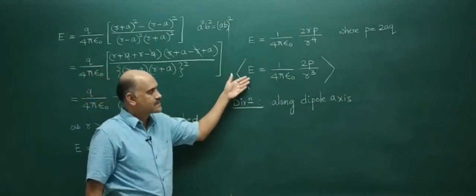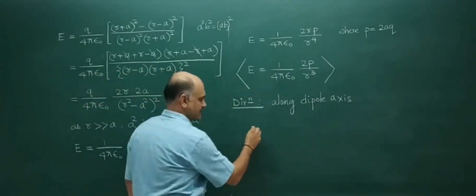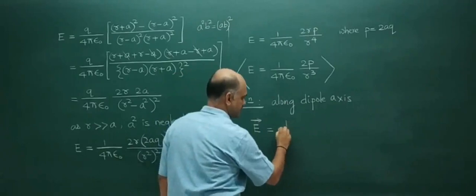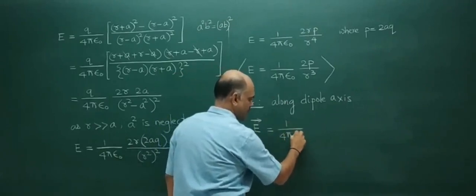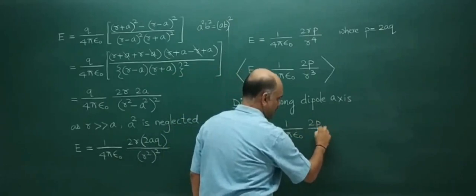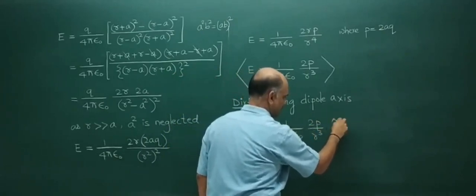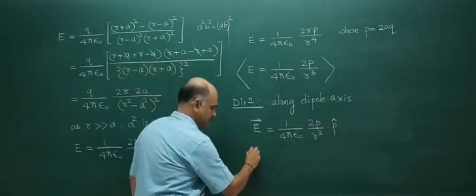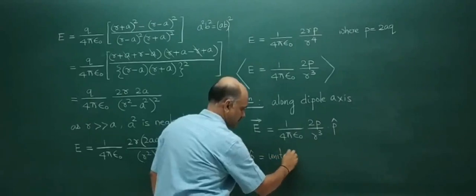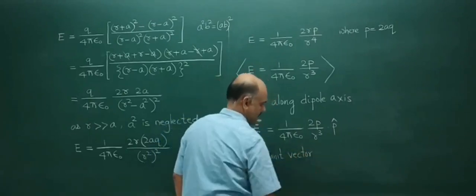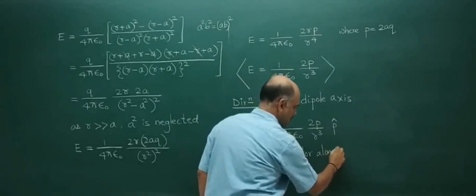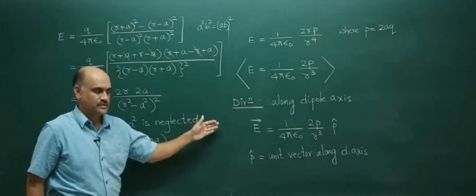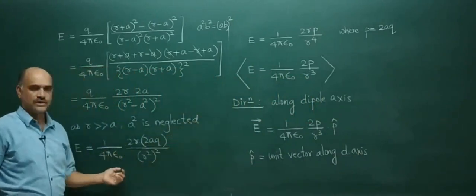If asked to write the vector form of electric field, the vector form will be E vector is equal to 1 by 4 pi epsilon naught 2P by R cube into P cap, where P cap is the unit vector along the dipole axis. Clear, students? So you can again pause and note down these steps.